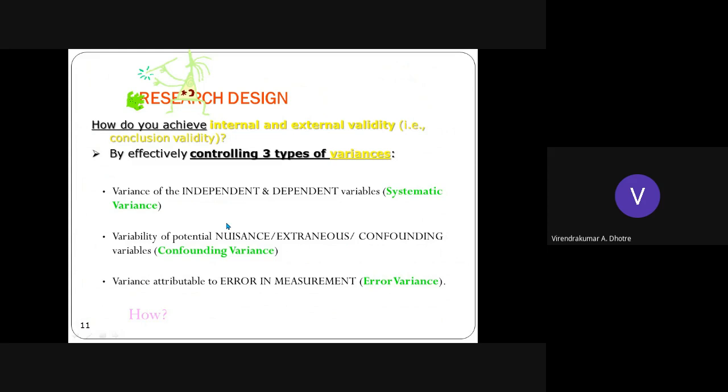So there is a difference in the variance of the independent and dependent variables. We can control the dependent and independent variables and related things. This is the systematic variance, which we control so that we can identify internal and external variables.